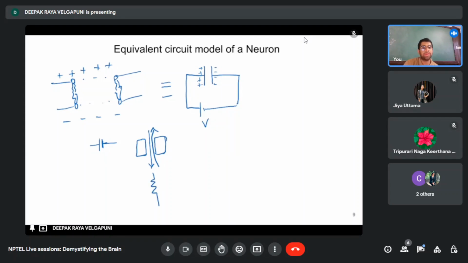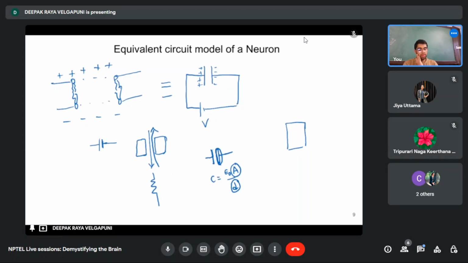Now in the assignment, there was a question on how the thickness of this changes things. In electronics, capacitance is given by some constant times A by D, where A is the area of the plate. Similar to this, based on the area and the diameter, we can answer those types of questions.